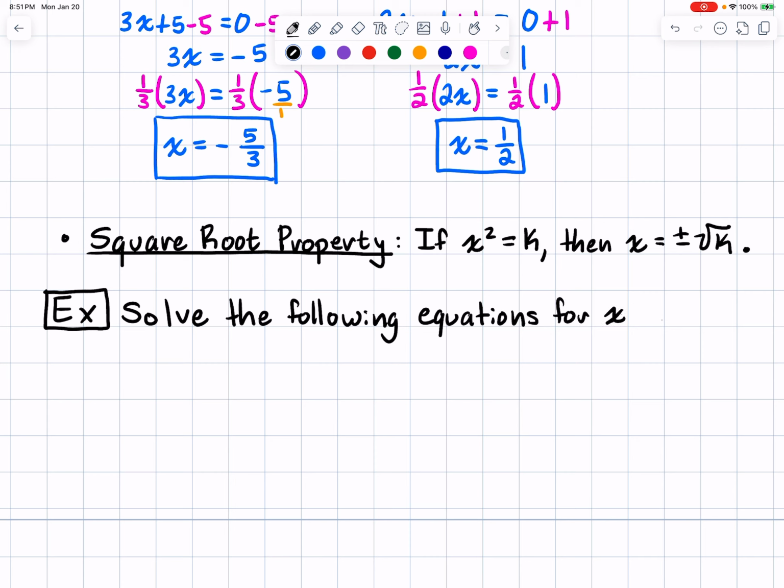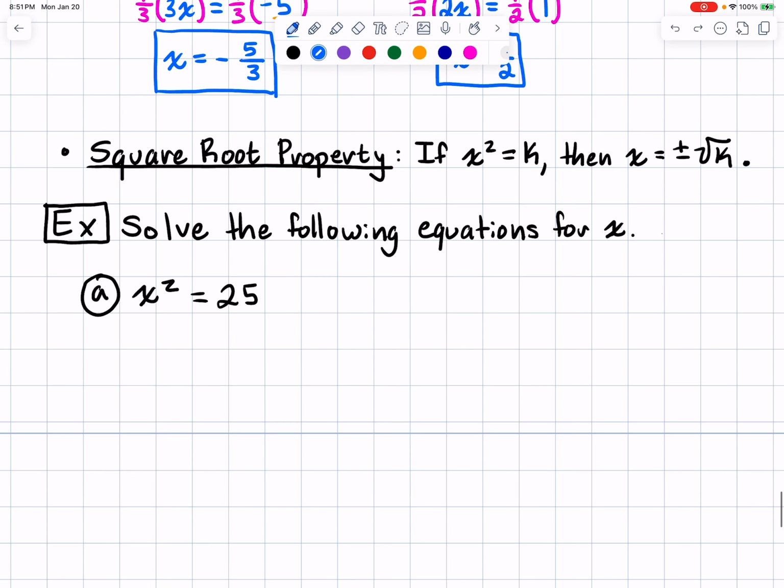Okay. All right, part A. Part A is x squared equals 25. So if we remember from up here, if x squared equals some number k, then x equals plus or minus the square root of k. So here we have x squared equals 25.